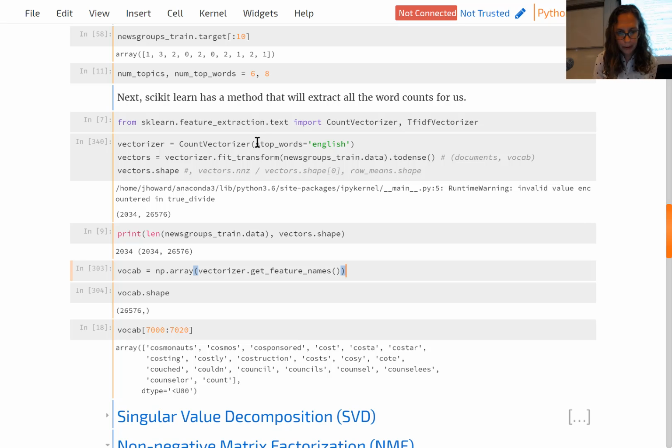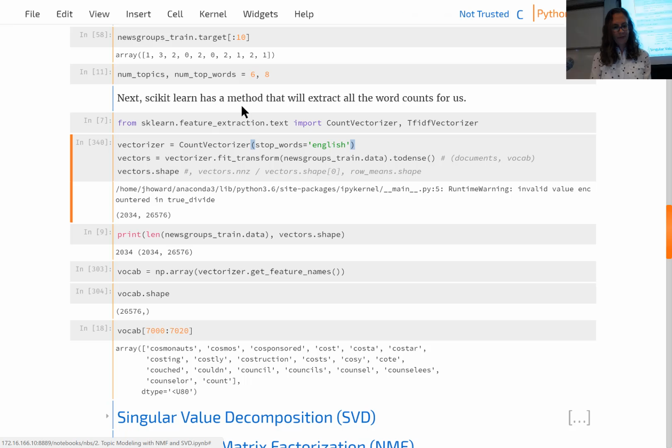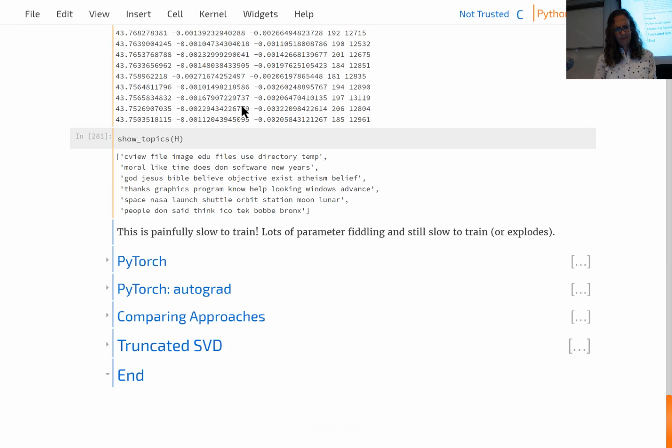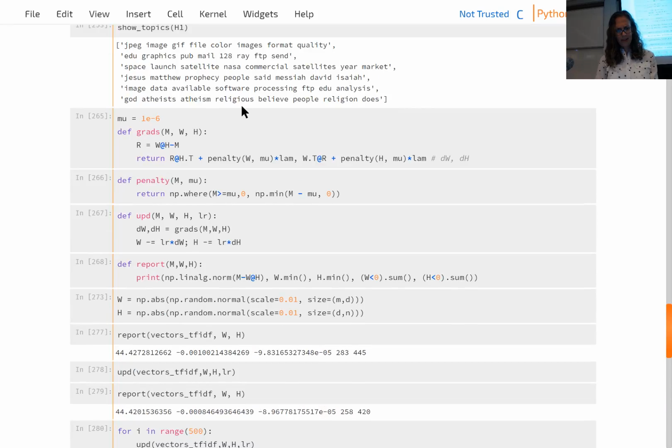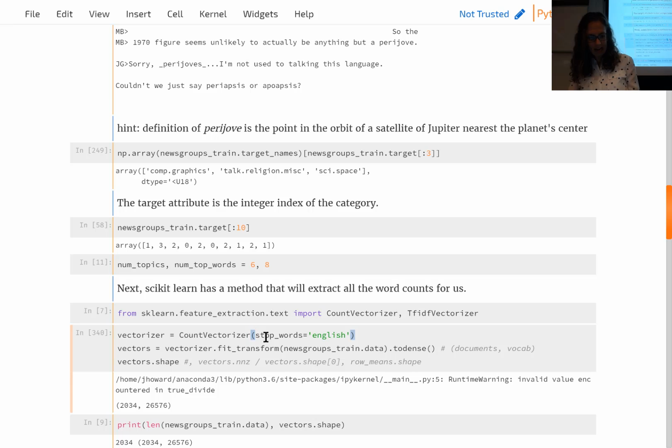Let me actually pull up the... Oh, that's what I wanted to illustrate.